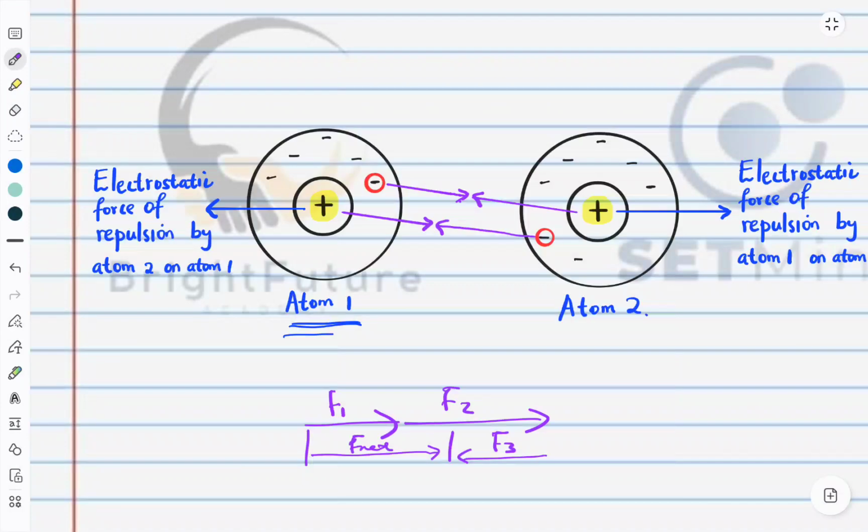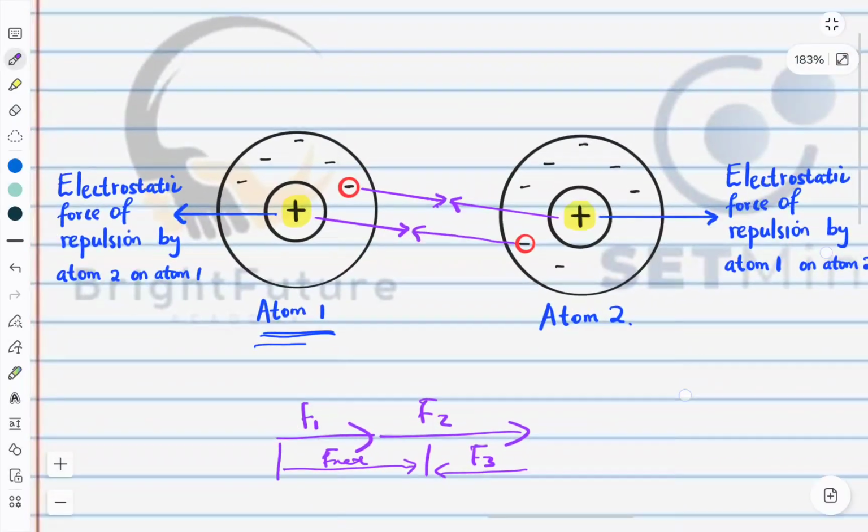So if we take the resultant force of these interactions between the two atoms and the net force we find is repulsive, then there won't really be a bond formed between these two atoms. But if that net force is attractive, then a chemical bond will be formed between these two atoms. All right, so that's how it works.